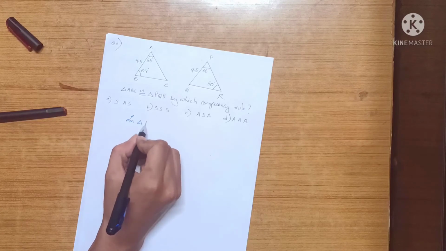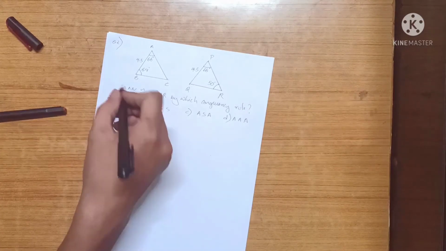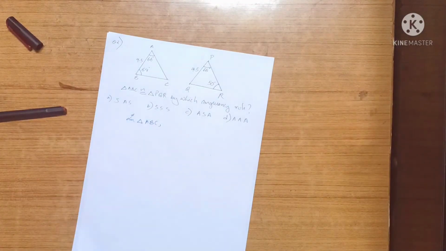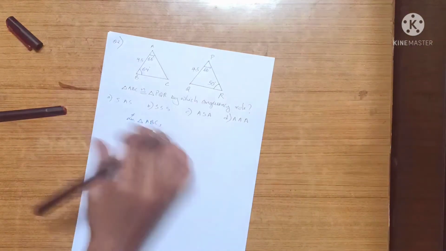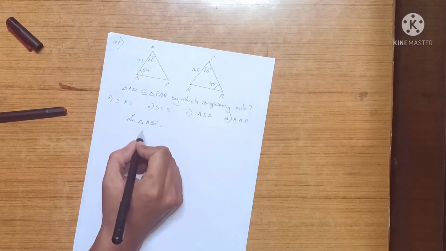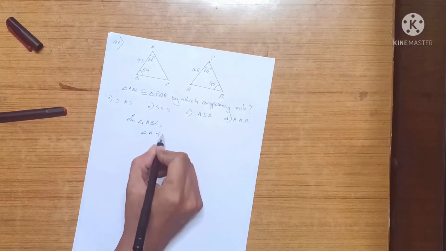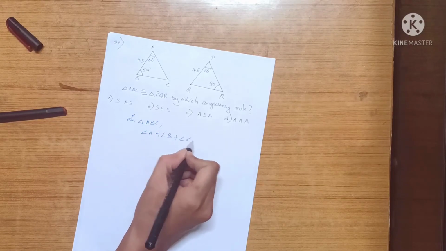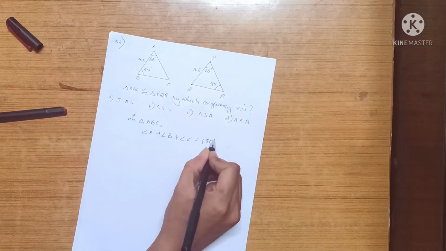So in triangle ABC, all these calculations you should be doing in your head or in a rough section, not in the answer, because you're just going to be ticking the correct answers. In triangle ABC, angle A plus angle B plus angle C is 180 degrees.